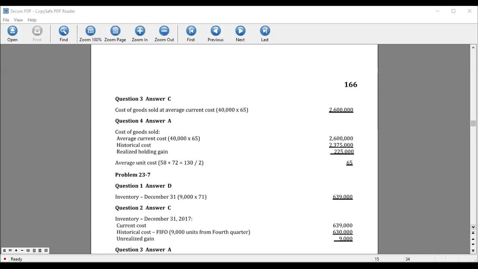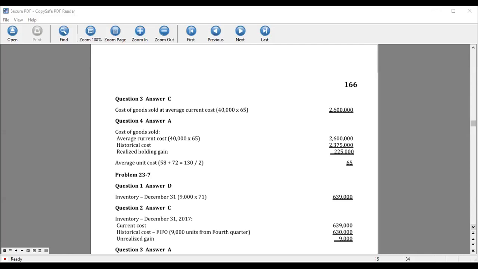Then the historical cost of 2,375,000. We have now the result of 225,000. That's considered realized because the goods were already sold. So in number 4, 225,000.